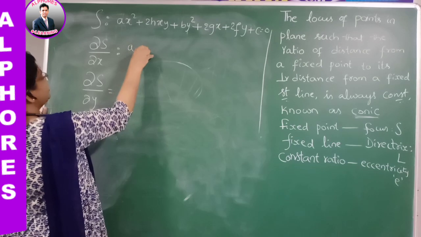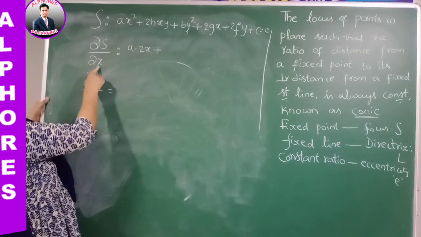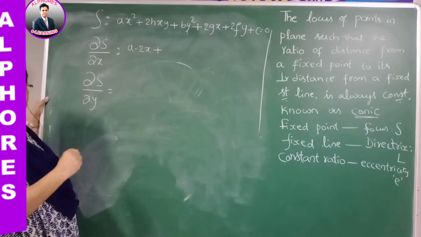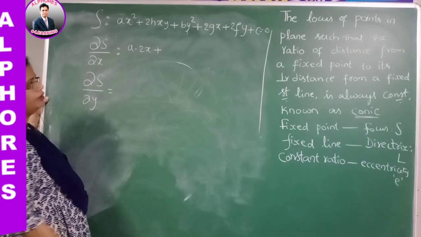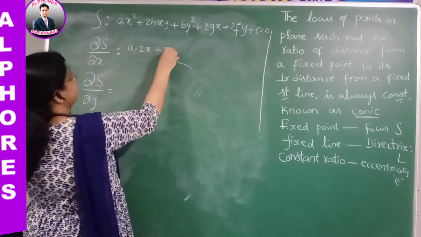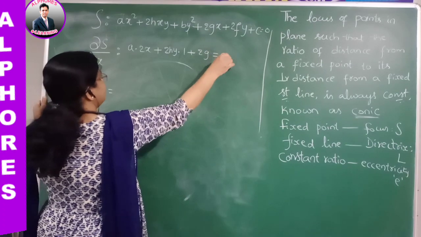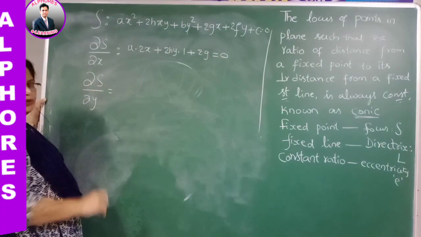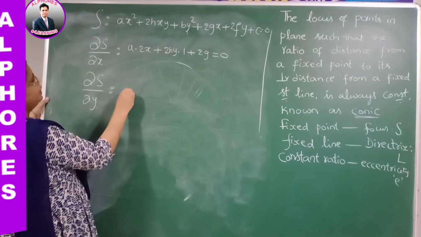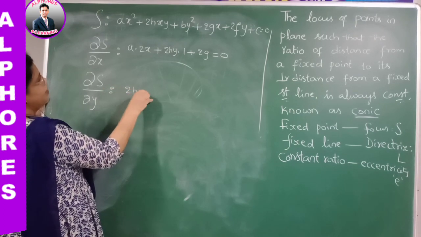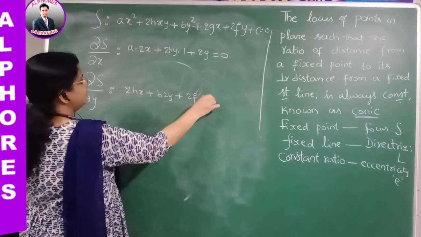a into 2x plus, since we are taking the partial derivative with respect to x, treat y as completely constant along with other terms. Only x is our variable. So here it is 2hy into 1 plus 2g equal to 0. And now dou s by dou y equals 2hx plus b into 2y plus 2f equal to 0.